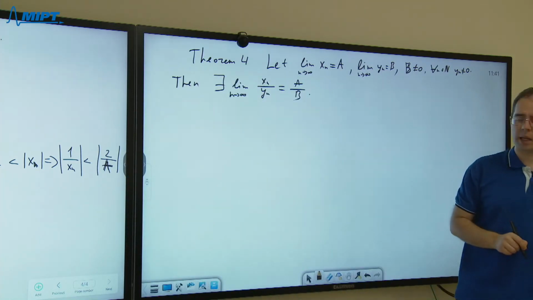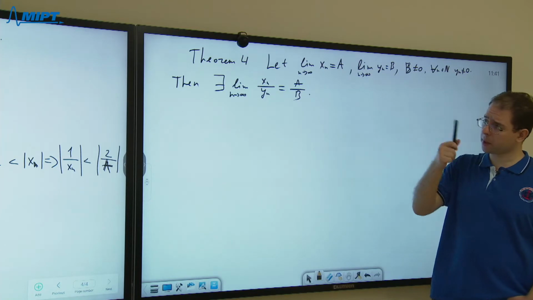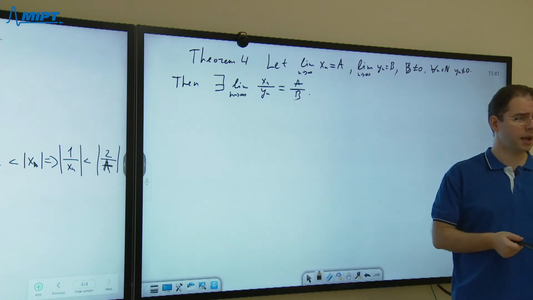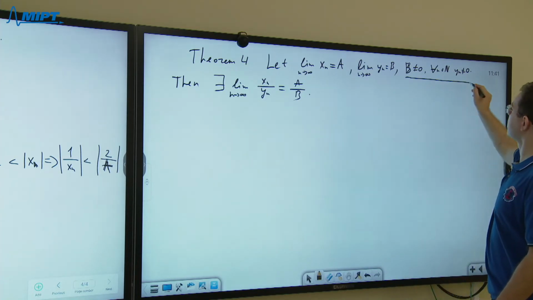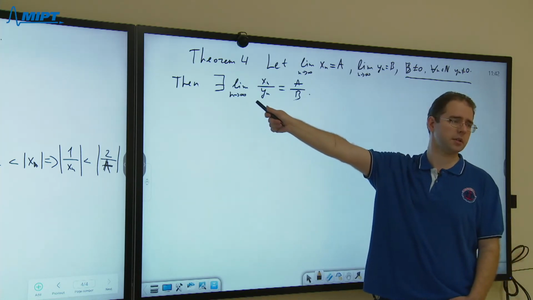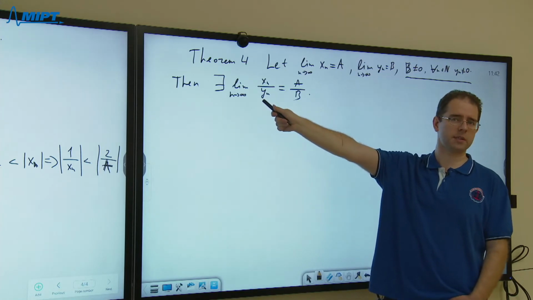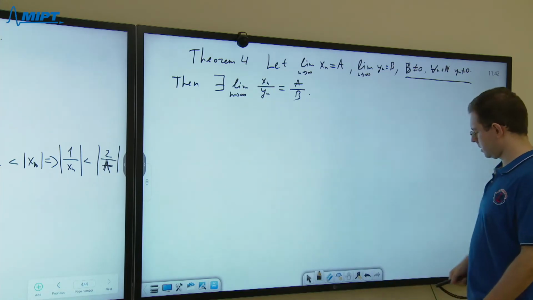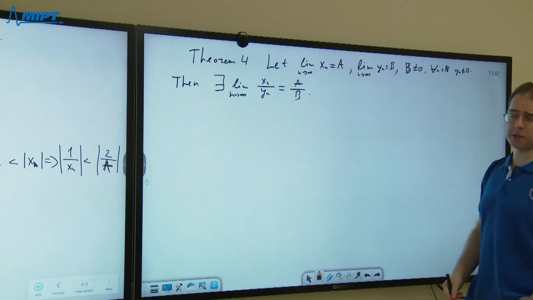By the way, in this theorem and in the previous lemma, this condition that those are not 0 is just a technical condition because I'm dividing by those numbers. Can you see? So I'm just escaping this problem with the division by 0.